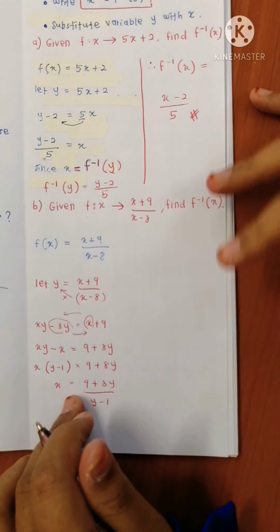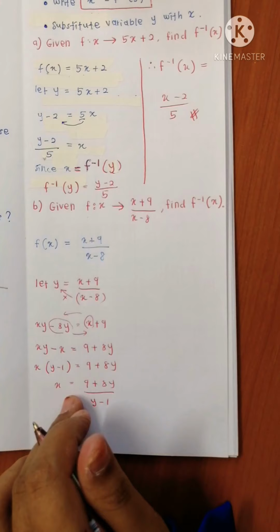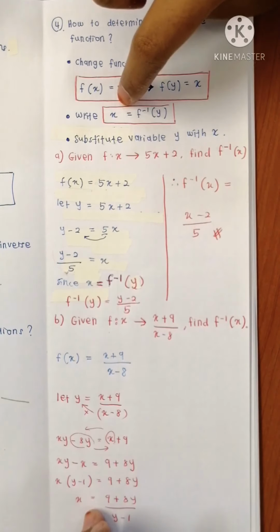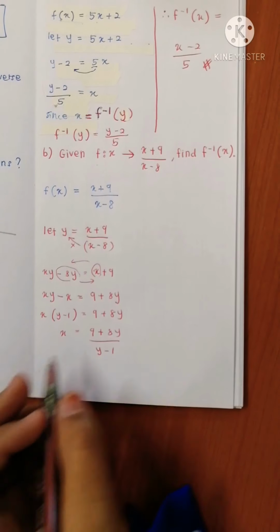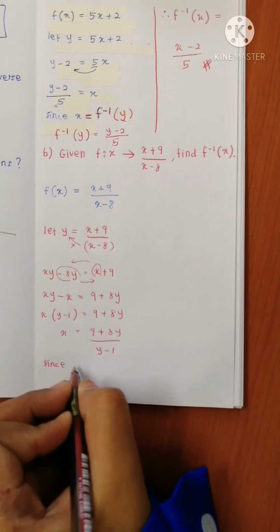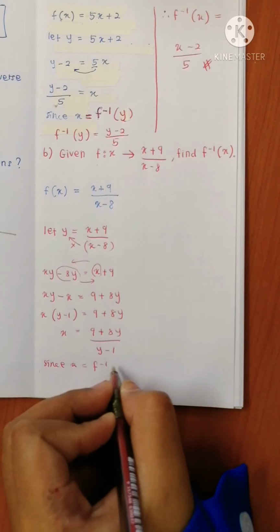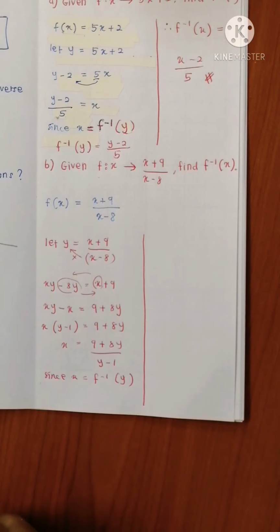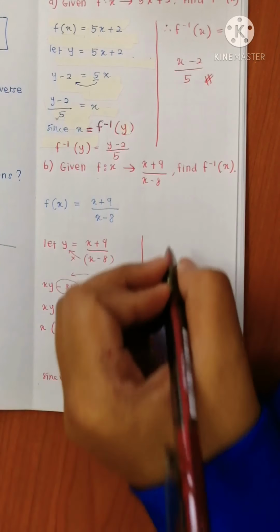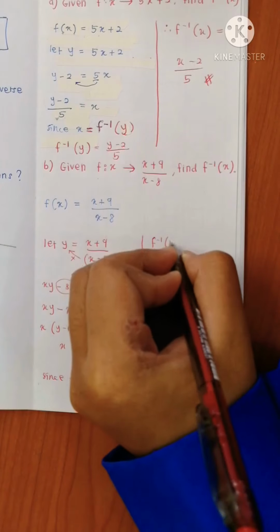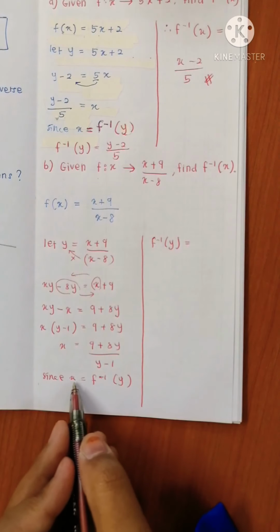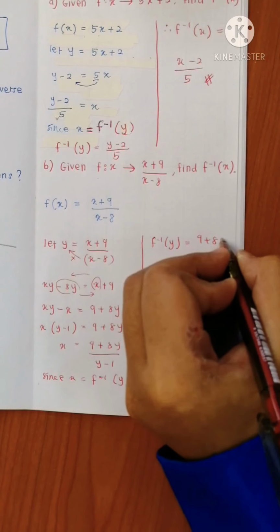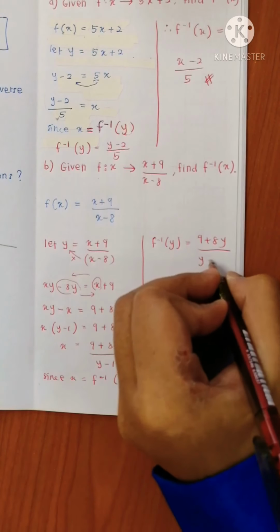Alright, so you are done with the first step. Now we do the second step. Since x is in this form, we write f negative 1 of y is equal to the whole thing here, so 9 plus 8y over y minus 1.